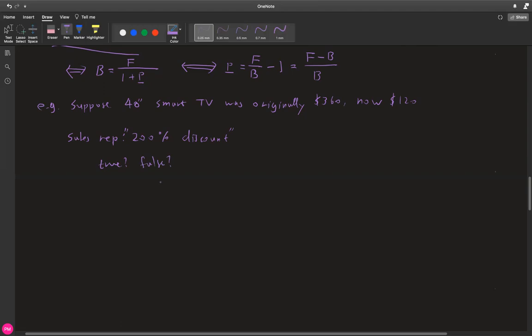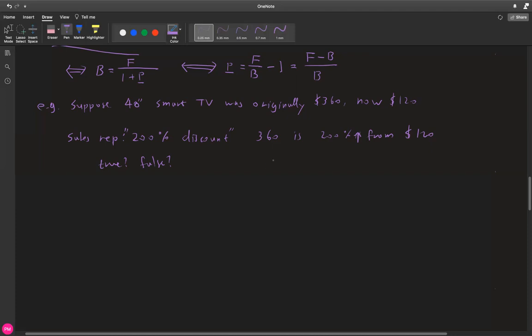So as you can see, when he claims that $360 is a 200% increase from $120, it is in fact a true statement, because you're increasing 200% from here.